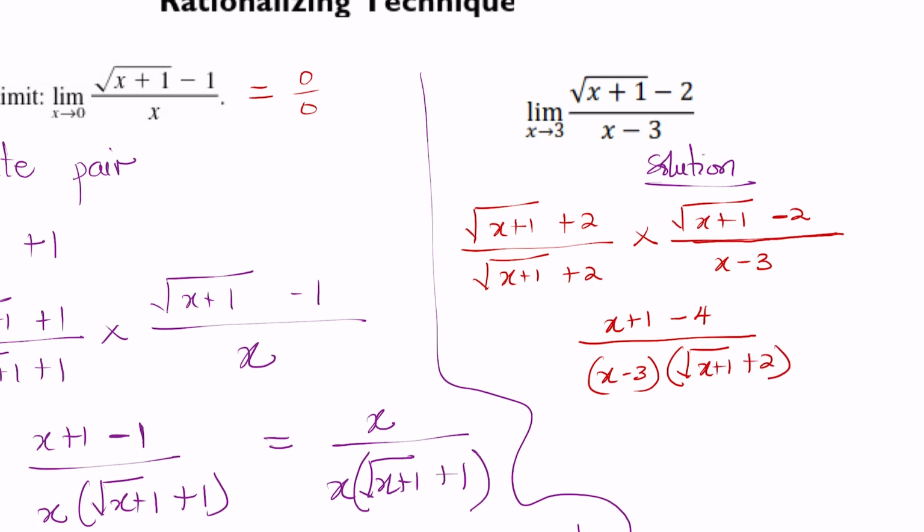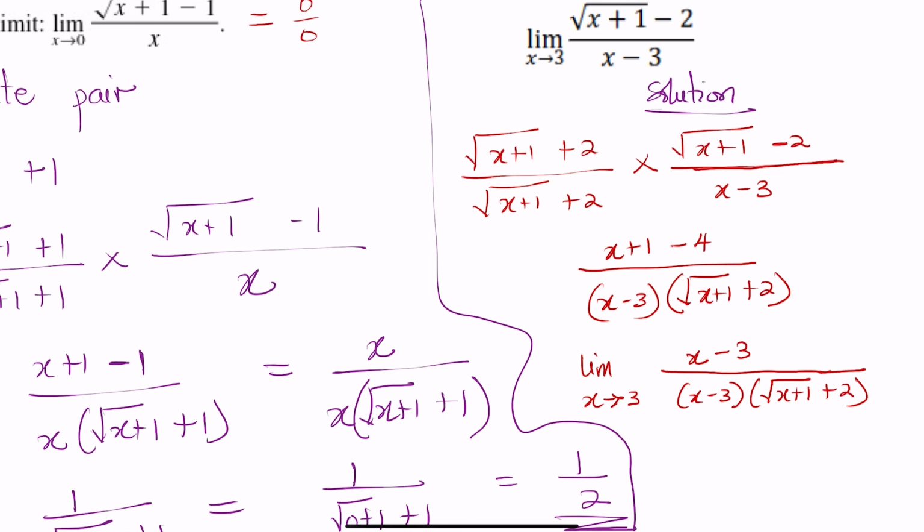So this gives us the limit as x approaches 3 of x minus 3 divided by x minus 3 times the square root of x plus 1, plus 2. So x minus 3 and x minus 3 cancels out.